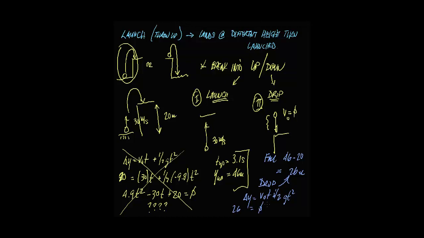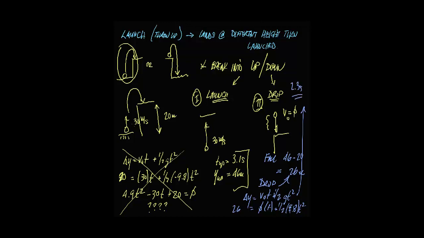Initial velocity 0 from the top, half 9.8 positive, and then t squared. If we go through that, we get 26 divided by 4.9, and we take the square root of that. It tells us it takes 2.3 seconds to fall.